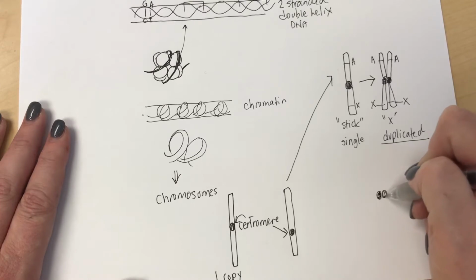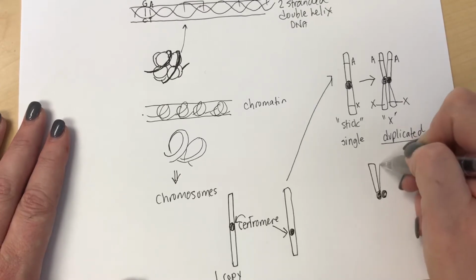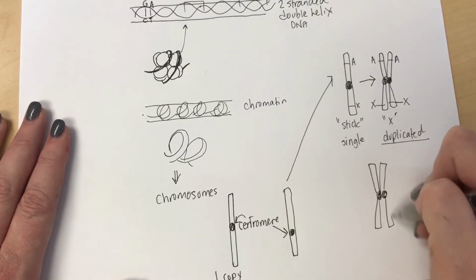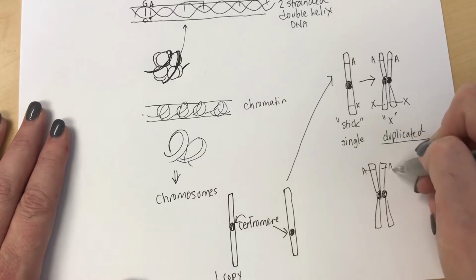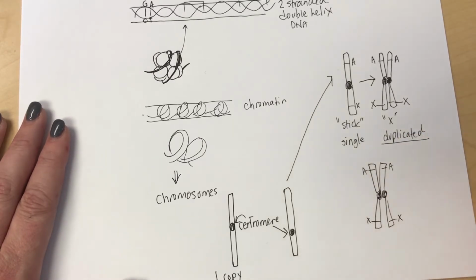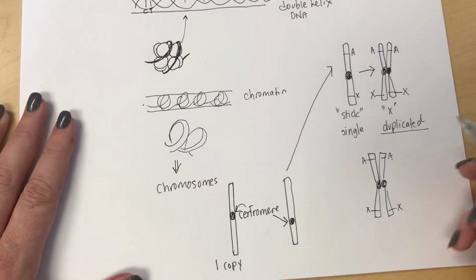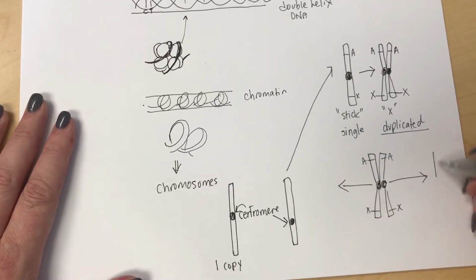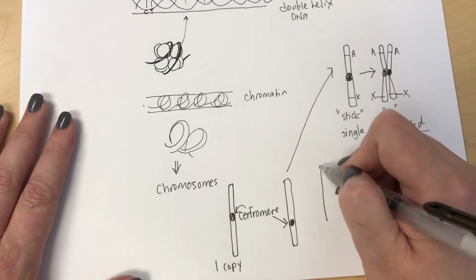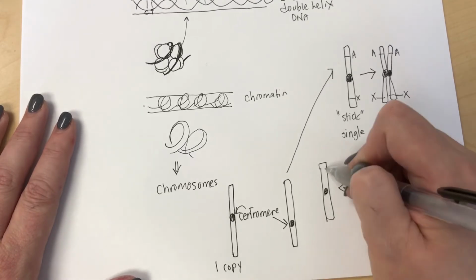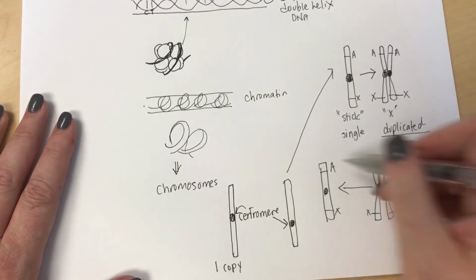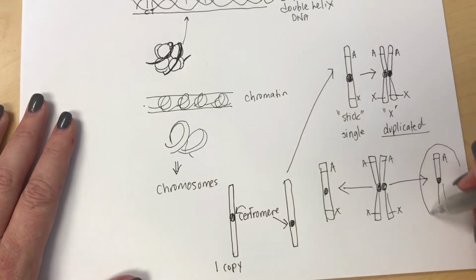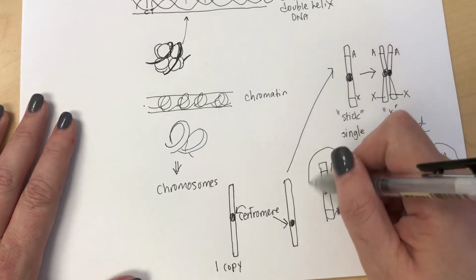So if we have our duplicated chromosome here, it has identical copies, A here and X here. During that process, we're going to pull this one and this one in two directions. So that means we'll end up with A and X over here, and then the same thing on this side, A and X.